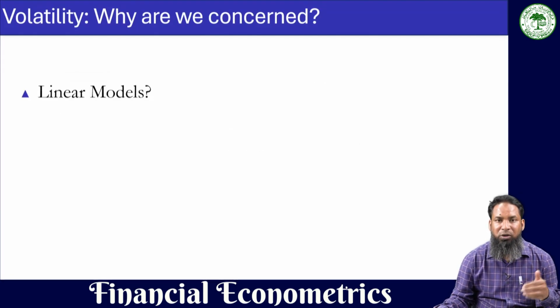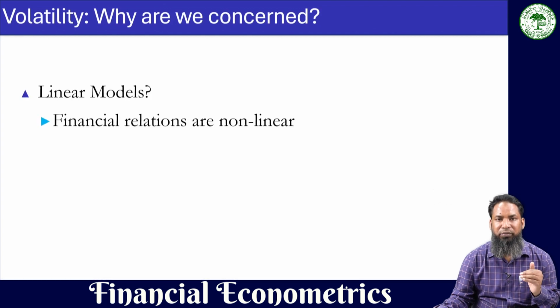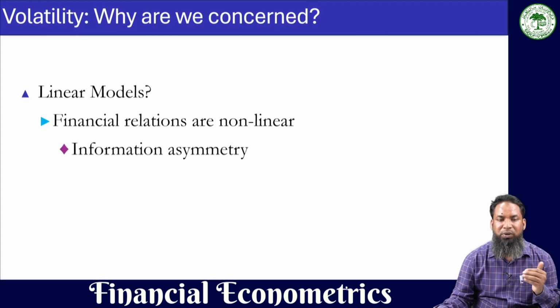Moreover, the models which we have discussed till now are based on the assumption that the relationship among the variables is linear. However, we know that financial relations are inherently non-linear. There are certain specific processes which make them inherently non-linear. For example, information in finance is quite asymmetric.